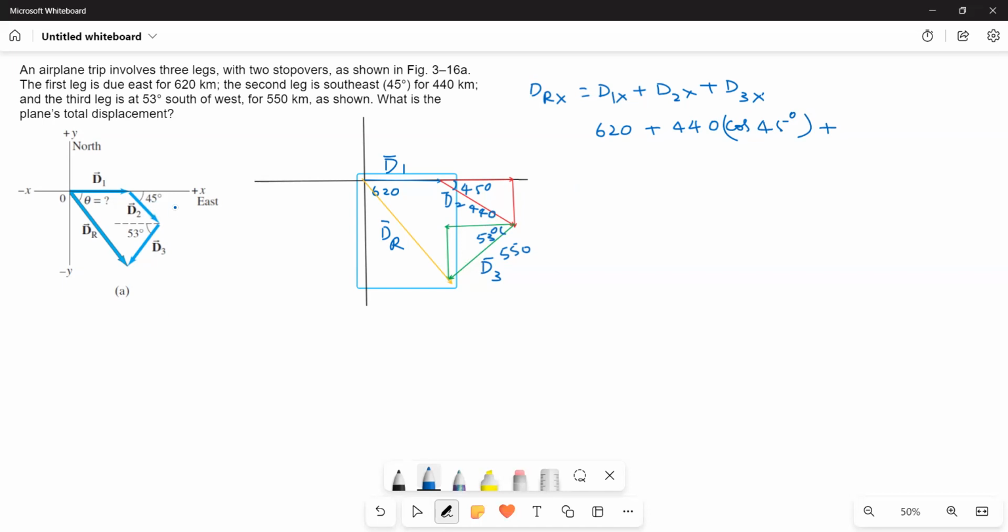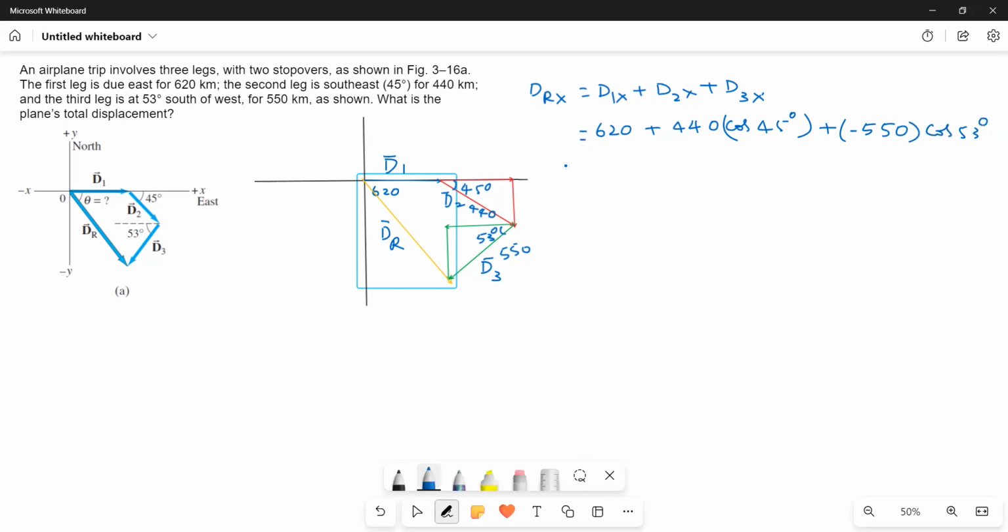You should remember that, see here, in the diagram, up is positive, that means north is positive, east is positive, and south and west are negative. So it is going in this direction. Towards west means this is negative. So negative 550 times, this is the adjacent side, cos 53 degrees.